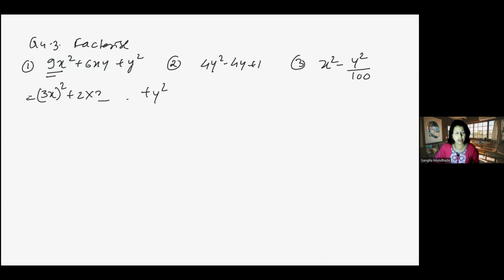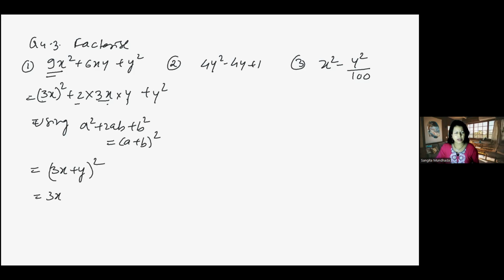Now (3x) square is a square, twice a into b, and y is b, y square. So using the identity a square plus twice ab plus b square is equal to (a + b) square, it is equal to (3x + y) square, which is (3x + y) into (3x + y).